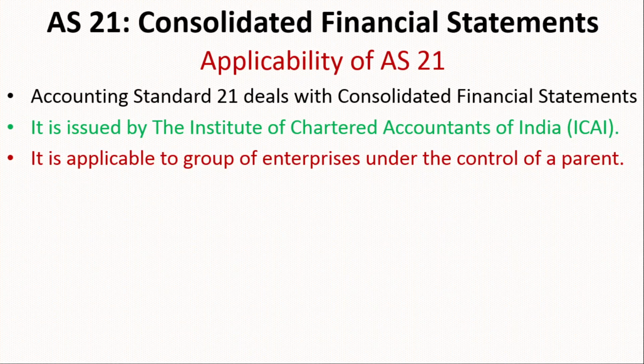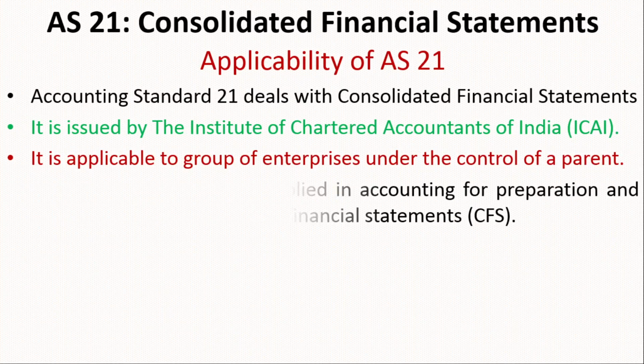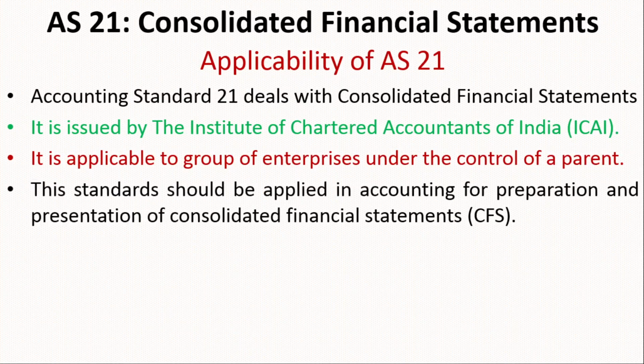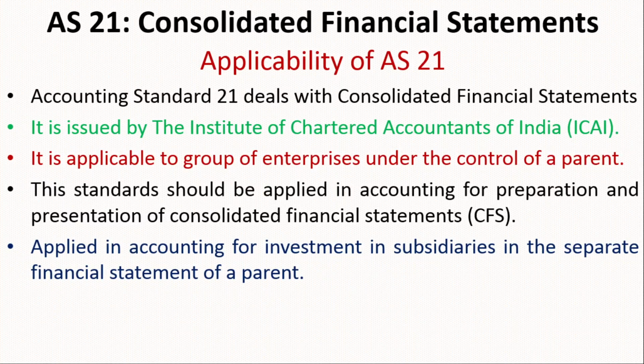What is a parent company and what is a holding company, we will discuss later on. This standard should be applied in accounting for preparation and presentation of consolidated financial statements, that is CFS.